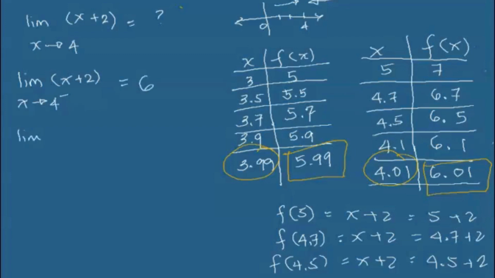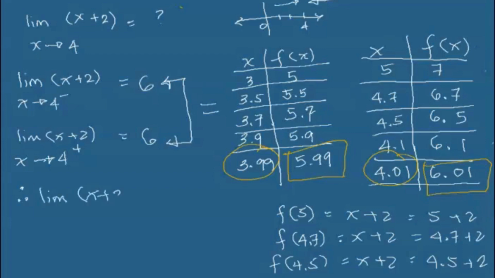And the limit of x plus 2 as x approaches 4 from the right side is also 6. So the left-hand and right-hand limit is once again equal. Therefore, the limit exists. So the limit of x plus 2 as x approaches 4 is equal to 6.